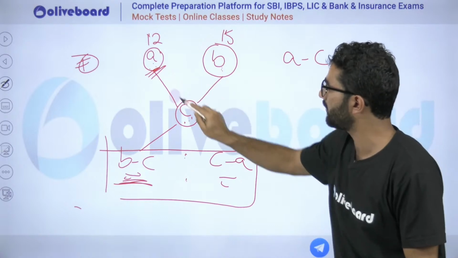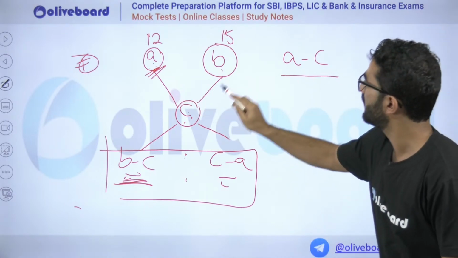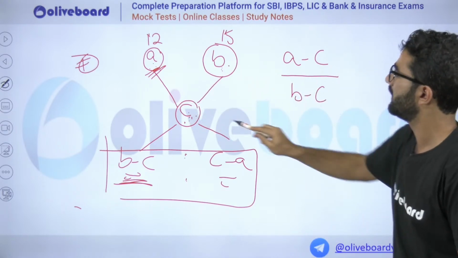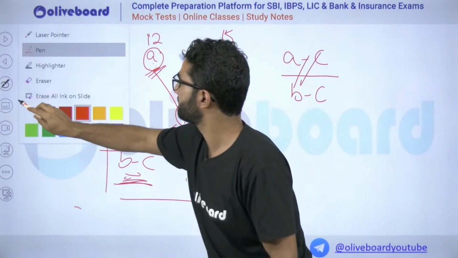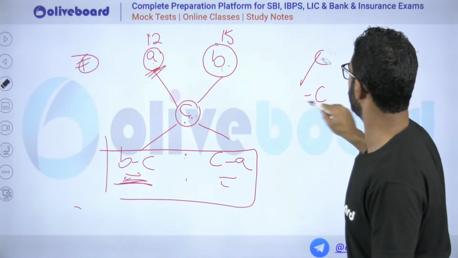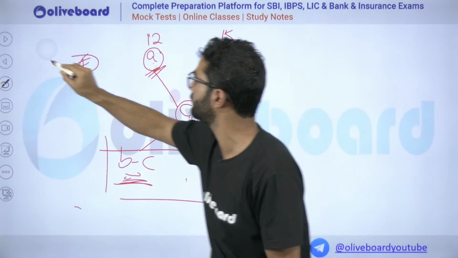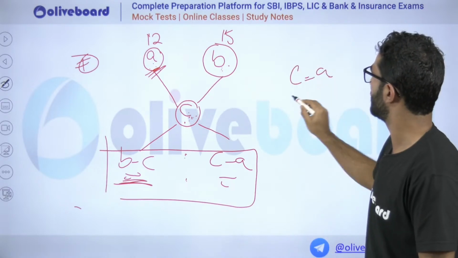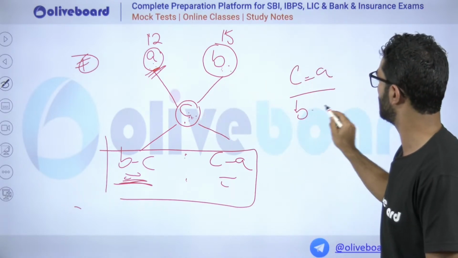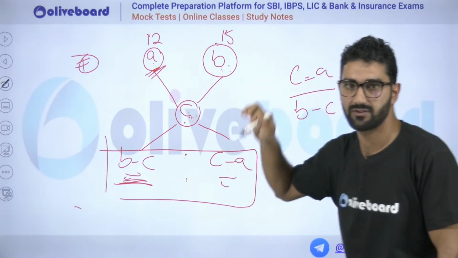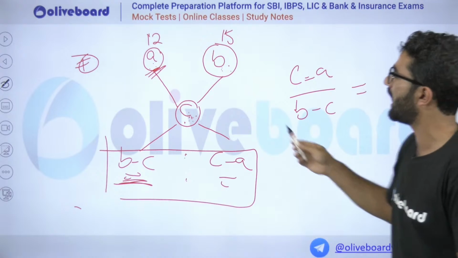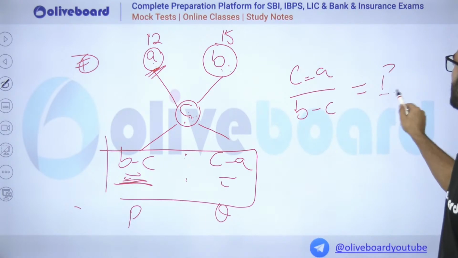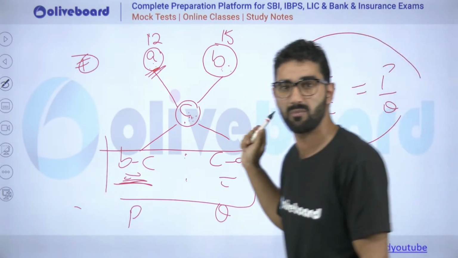If I divide this minus this with the help of B minus C, sorry, I mean C minus A, then divide by B minus C. This is the bigger term, that is why I just take C minus A, then B minus A. If this value is P and this is Q, the ratio will be P upon Q. You have to solve multiple questions on the basis of this formula.